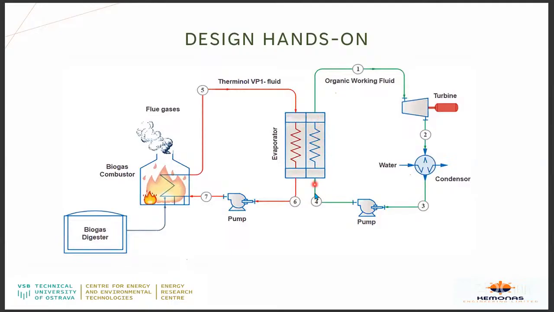And this is water. Let's go ahead and exchange heat with the water. And the water becomes steam at this point, and it then goes to the turbine. The turbine connected to the shaft of a generator generates electricity, right?